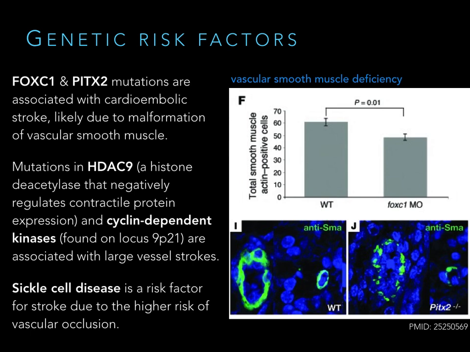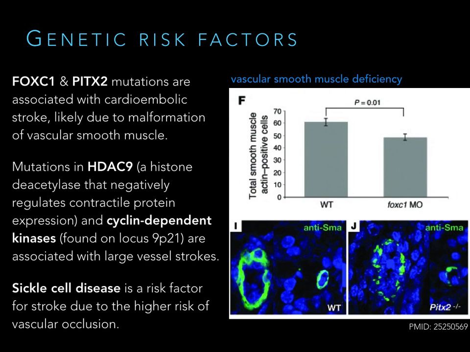There are other mutations that are going to affect contractile protein expression. This would be in a histone deacetylase or a cyclin-dependent kinase. You don't really need to know these specifics, but what you should appreciate is that mutations that impair your vascular function increase the risk of stroke. This could be in smooth muscle cells, or it could be in the blood cells themselves.